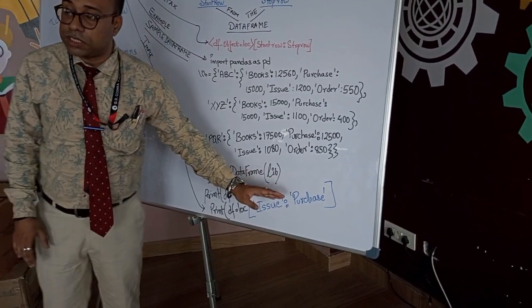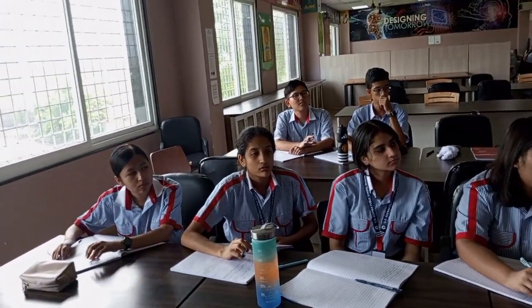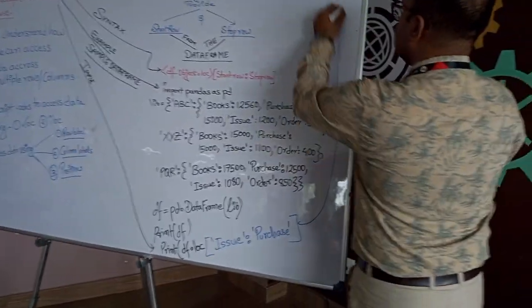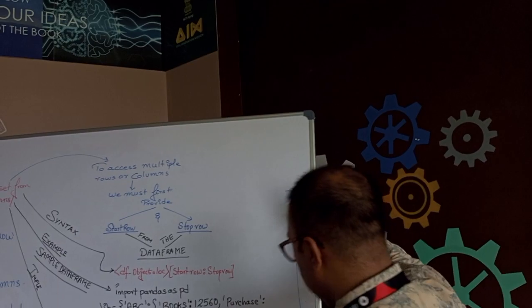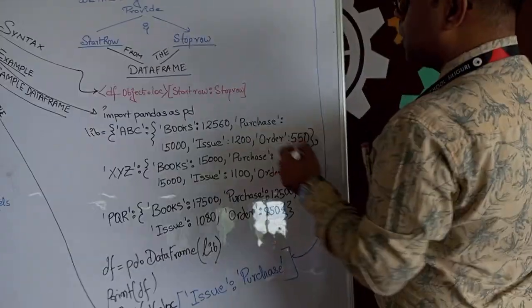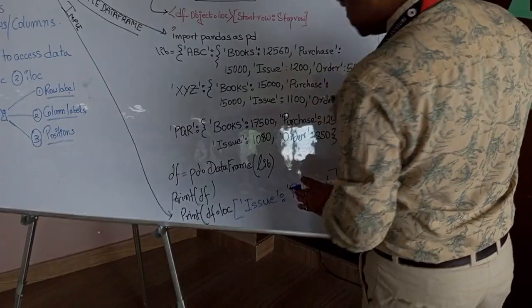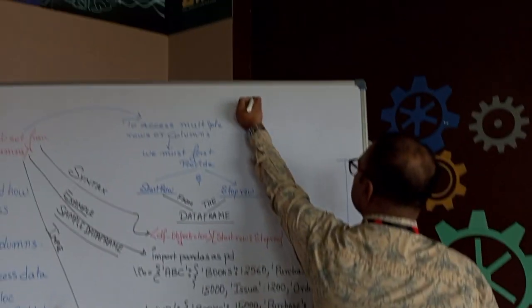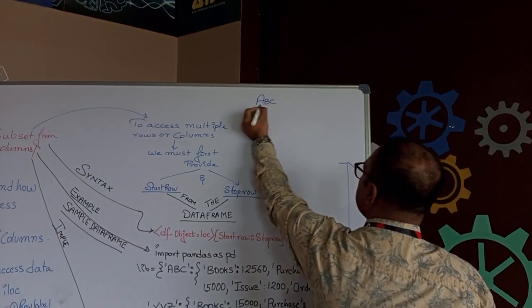So what will df.loc issue colon purchase generate? See here. It will generate this output. In the first implementation, it will first generate all the column names. So what are the column names? It will first come here, ABC. Okay.